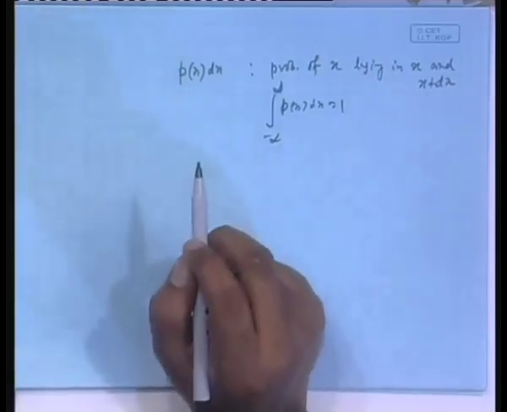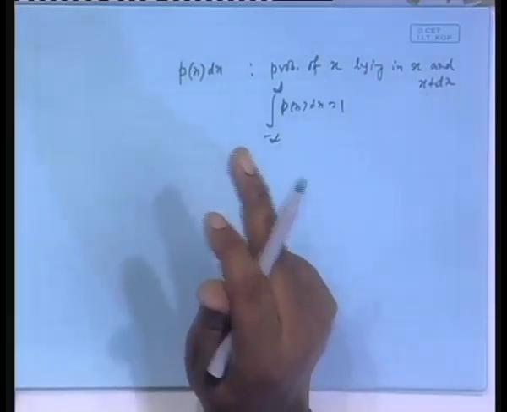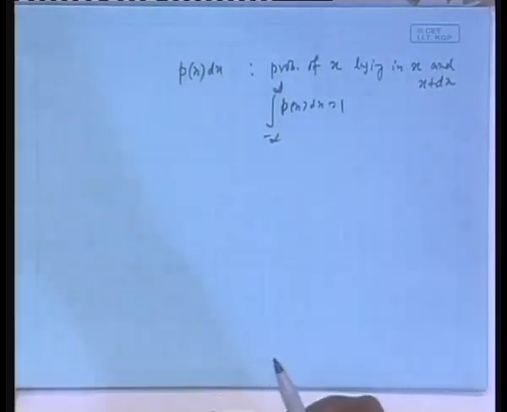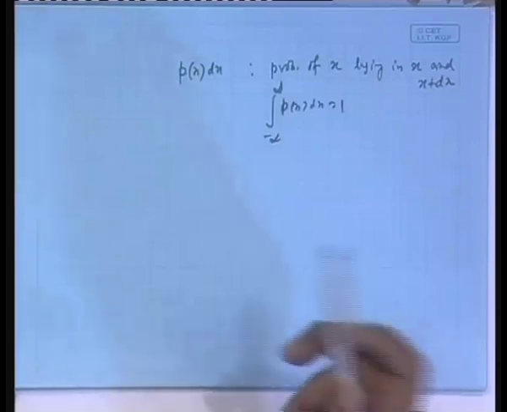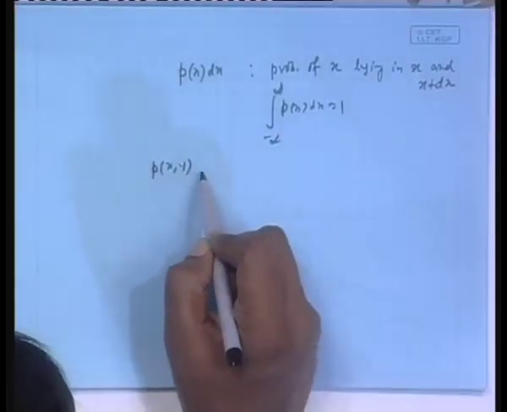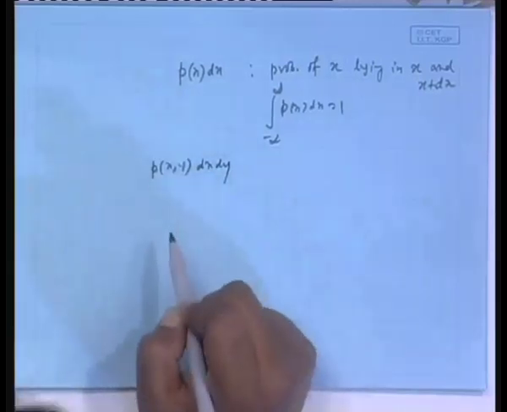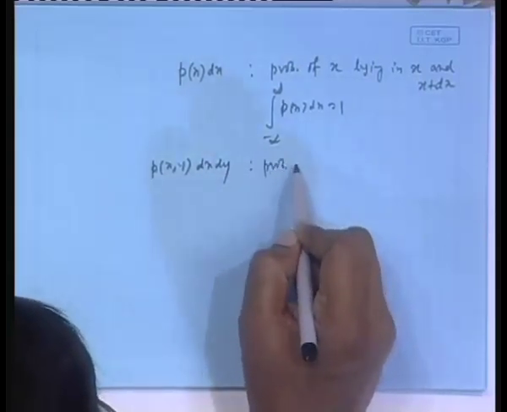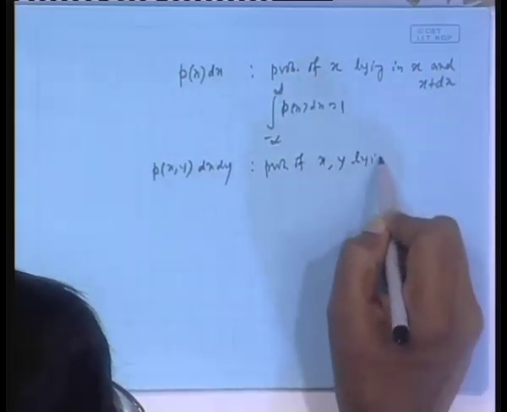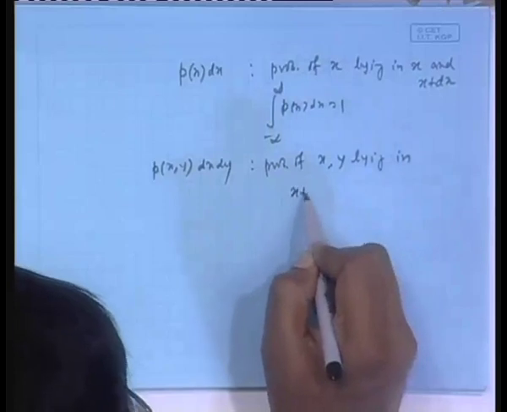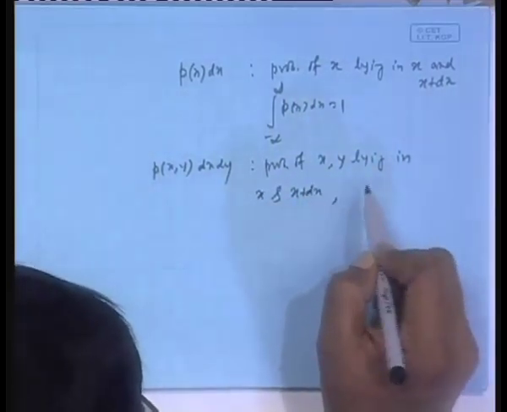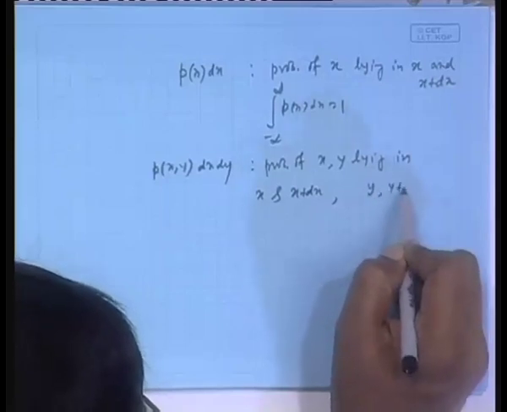Then if x and y are jointly random variables, two parameters which are random, but which have some dependence between them, say temperature and humidity, then p(x,y) is a joint probability density. What does it mean? That p(x,y) dx dy means the probability of x lying between x and x plus dx, simultaneously y between y and y plus dy.